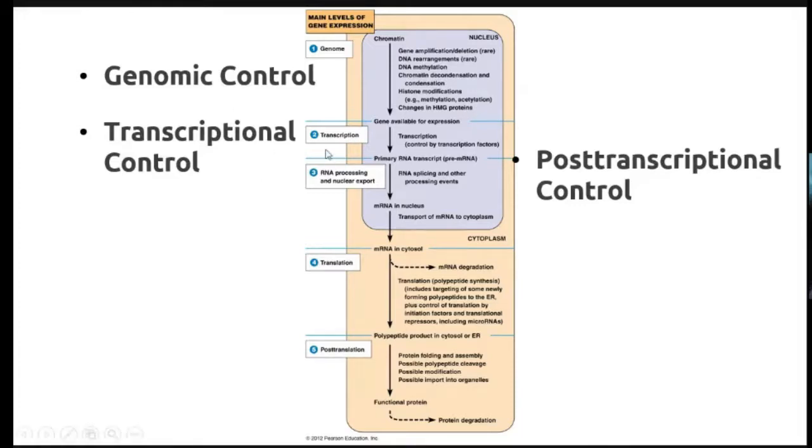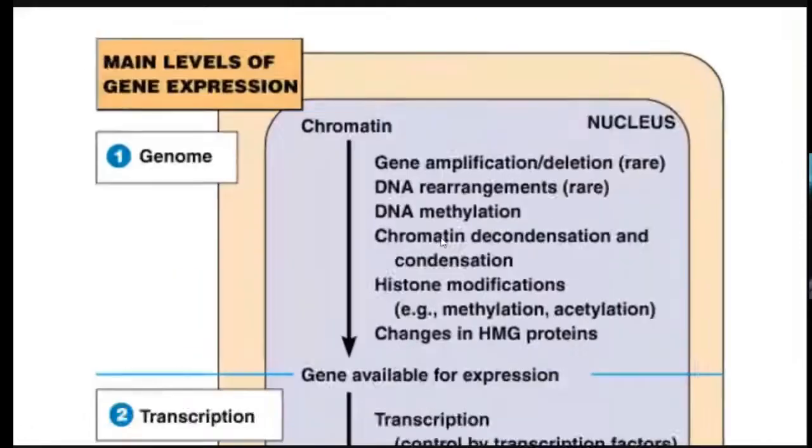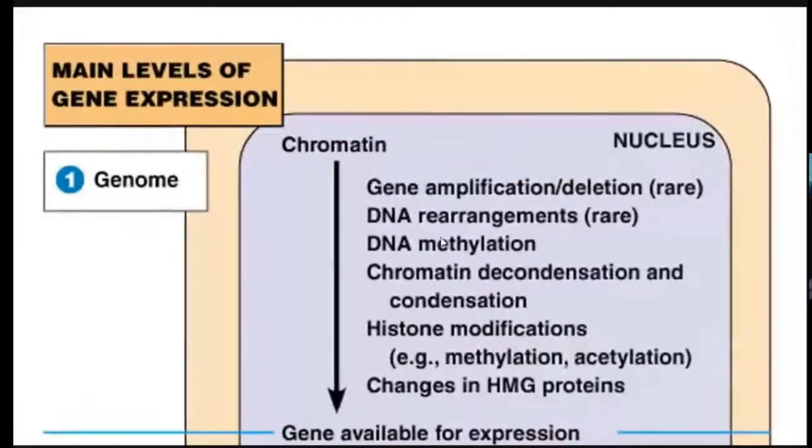So dito sa transcriptional control, dito lang siya sa transcription mismo. And post-transcriptional control, kasama tong tatlo. Kasama yung RNA processing and nuclear export, kasama yung translation, and kasama yung post-translation. So sa post-transcriptional control, pagkatapos ng transcription, yun yung sakop niya. So, ayun lang. So, unahin natin yung genome, in the level of the genome.